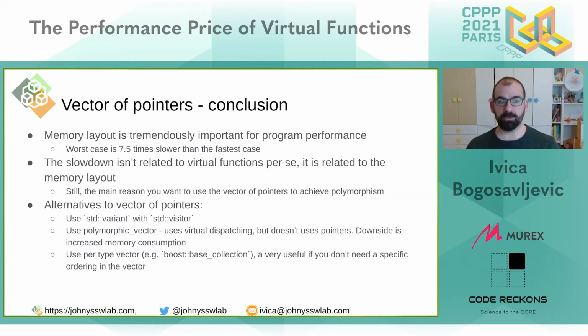One of them is that you're avoiding allocations on the heap, and you're avoiding following pointers, and generally this gives good performance numbers. But this works only if you don't need a specific ordering in the vector. If you need a specific ordering in the vector, then it doesn't work. There is a container in Boost called base_collection that you can use for this. Okay, this finishes the topic of vector of pointers.